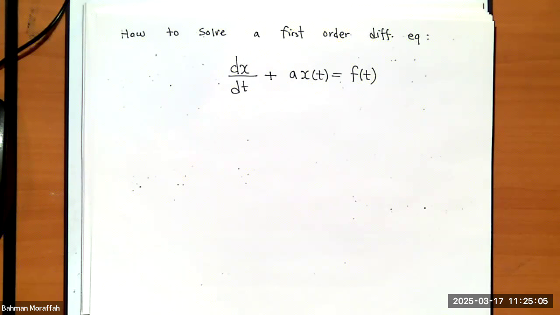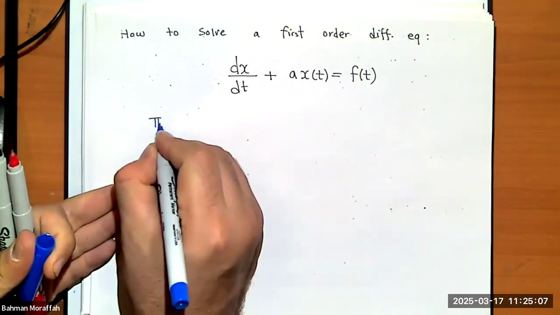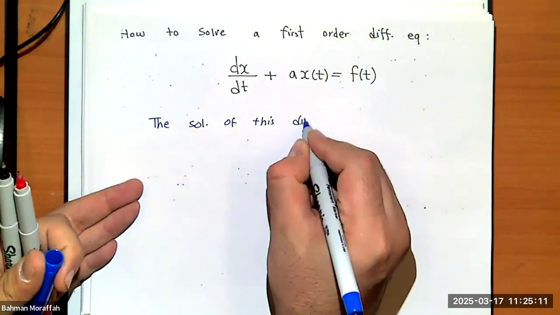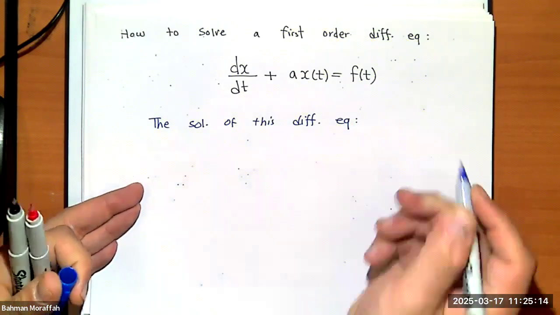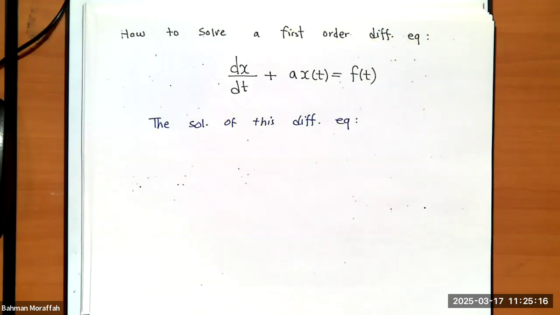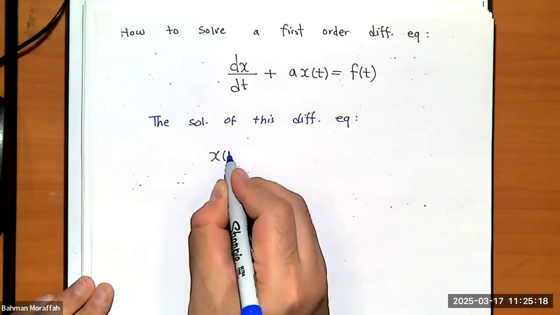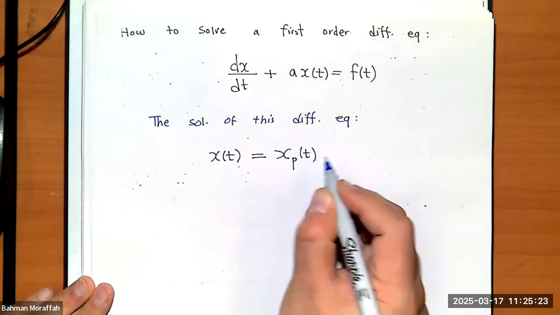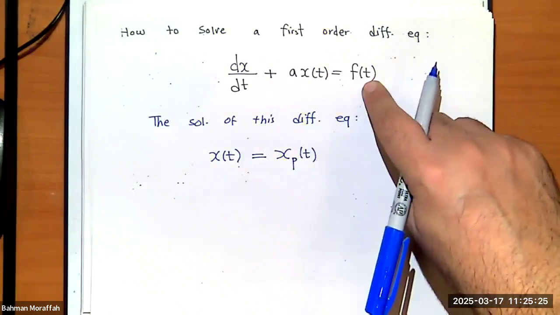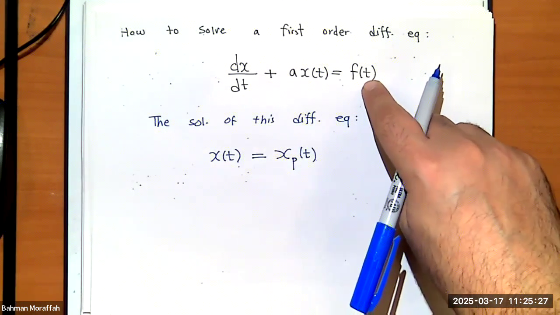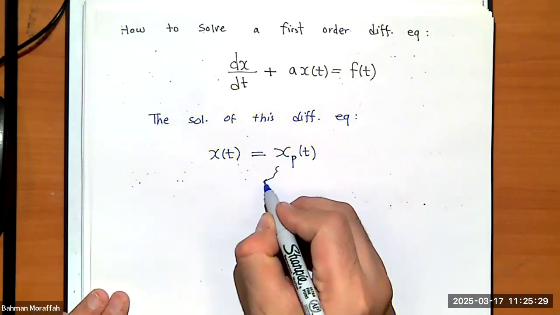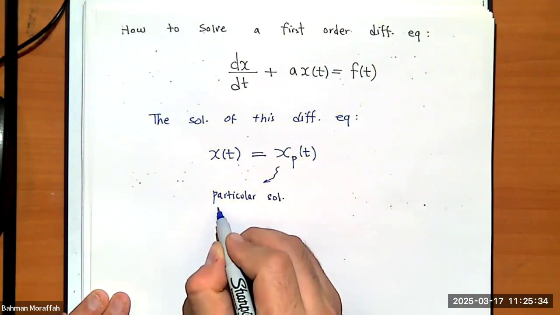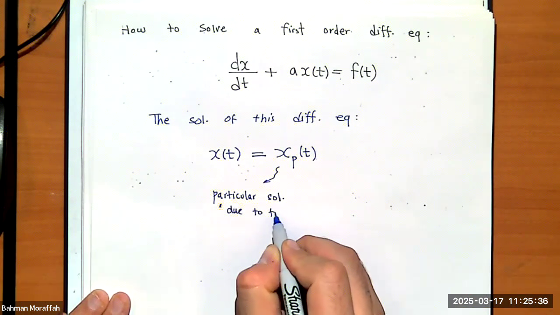The solution of this differential equation always has two parts. Let's just call it x of t, which is the solution. It is one part that is due to this force function that we have over here, which we call the particular solution. This is the particular solution, which is due to f of t.